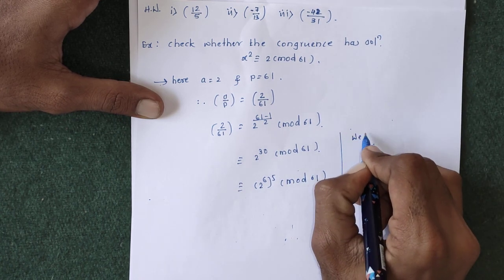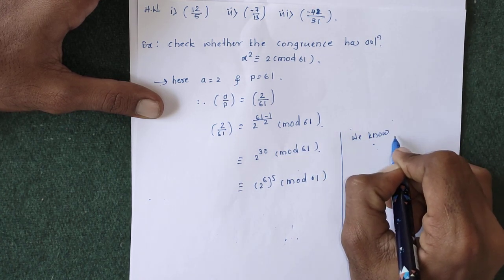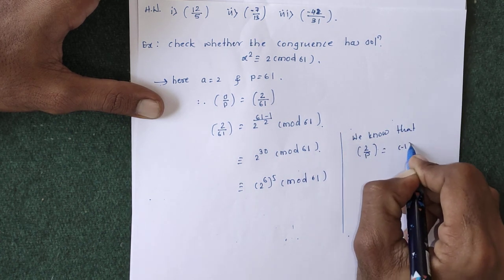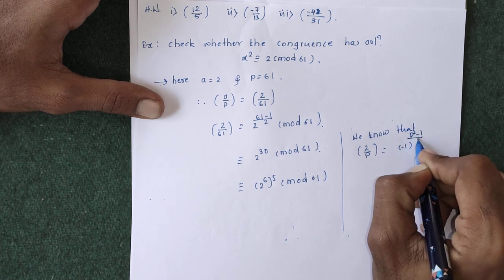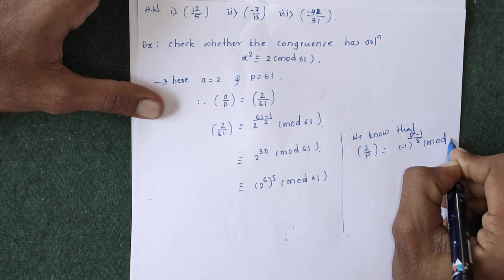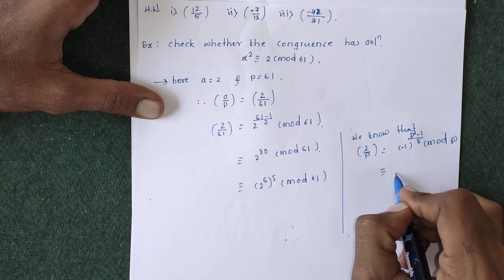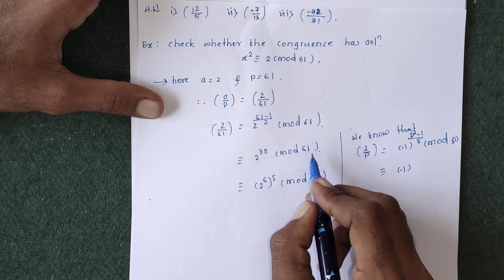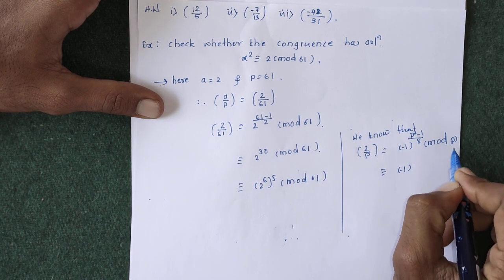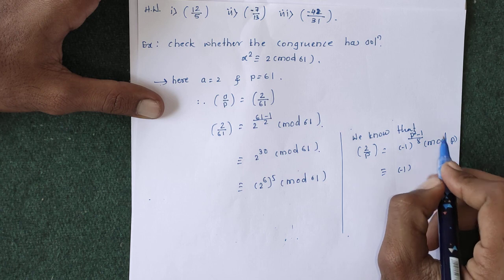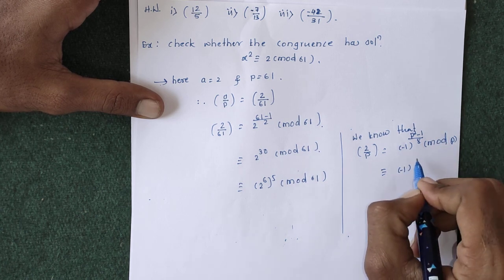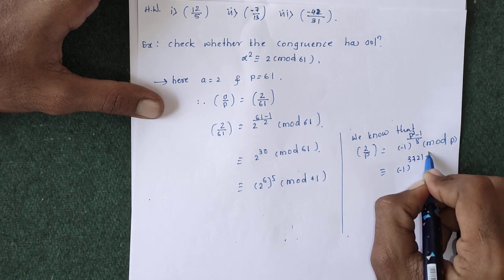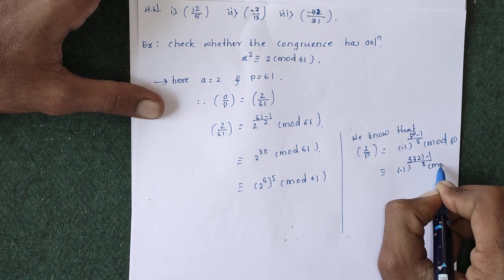We know that the Legendre symbol of 2 and P is equal to minus 1 raised to P square minus 1 by 8 under modulo P. Using this result, 61 is a prime number, so 61 square is 61 into 61, which is 3721. So minus 1 raised to 3721 minus 1 by 8 under modulo 61.